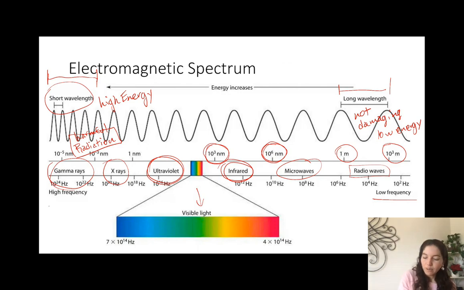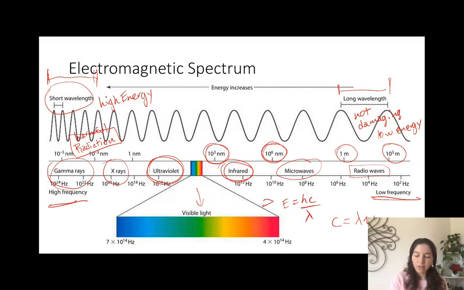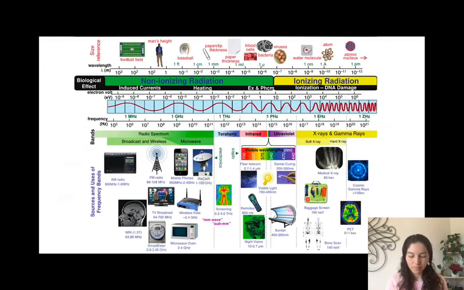So this is high frequency, low frequency, and this is how they're related to wavelength and energy. And we know the relationship between these equations. We have c equals lambda nu, wavelength times frequency, and then we have our energy equals hc over lambda, which is our wavelength. These are two very important equations you're going to be using a lot.